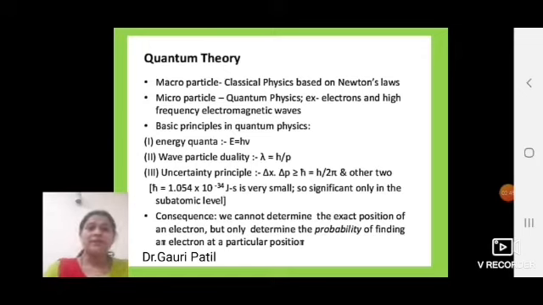It is given by delta x into delta p greater than or equal to h cross, where the value of h cross is 1.054 into 10 raised to minus 34 joule second, which is very small, so it is significant only at the subatomic level.